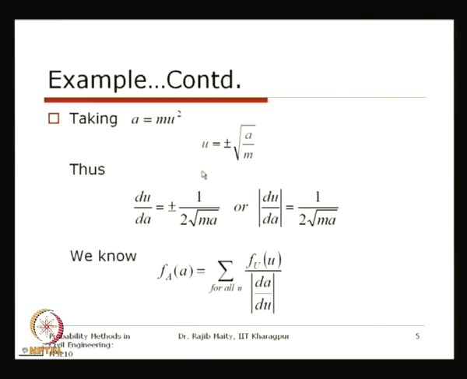So, we have to get the Jacobian, that is du by dA, and take the absolute value of this derivative.